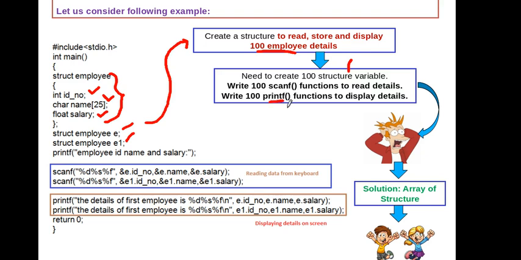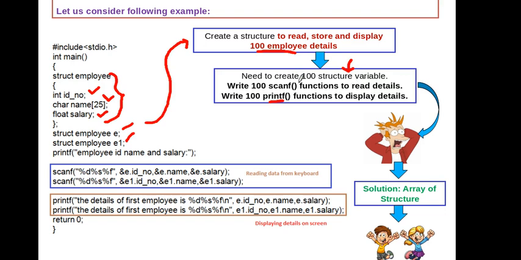Similarly, we have to write 100 printf statements to display the information of 100 employees. Creating 100 structure variables will be difficult for handling the respective structure variables and their corresponding members.